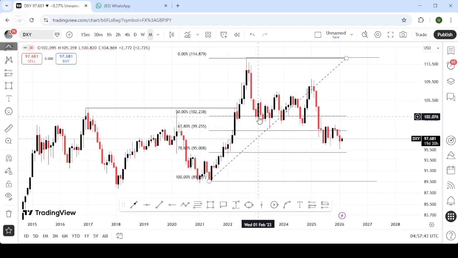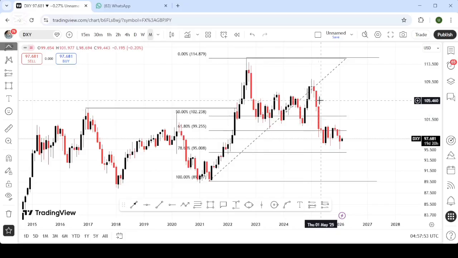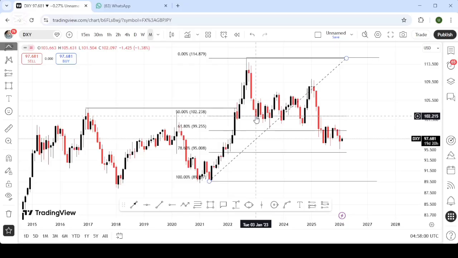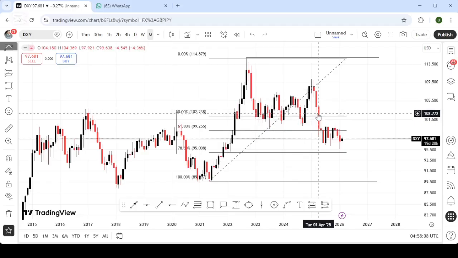When price came back to 50%, it came back on 3rd of January 2023, and it stayed there till 1st of April 2025. That was when it broke that 50%. Just calculate the years.